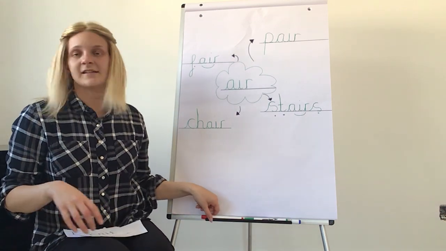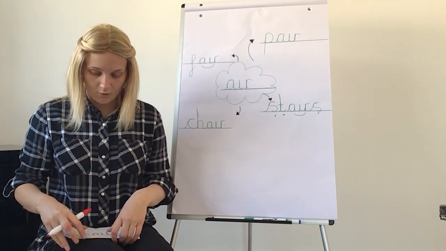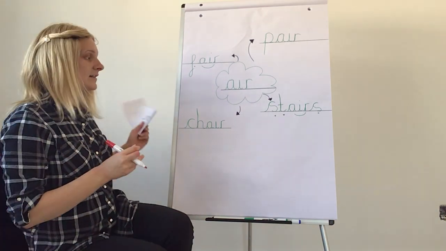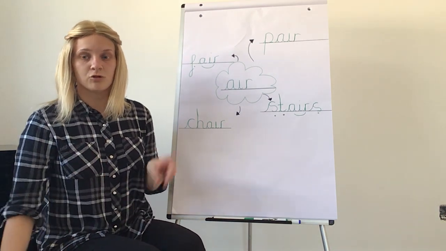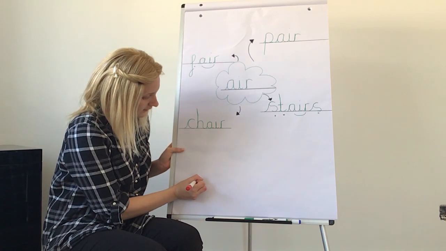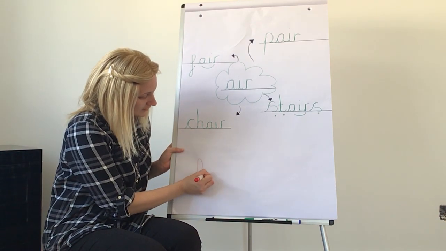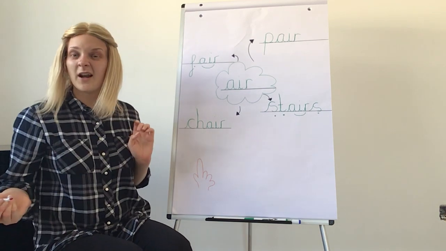So if we are writing sentences, what things do we need to include? What things do I look for when we are writing sentences? So first of all, you need to put a finger space. Because if you don't put finger spaces, I can't read it, can I? Or no one else can read it.